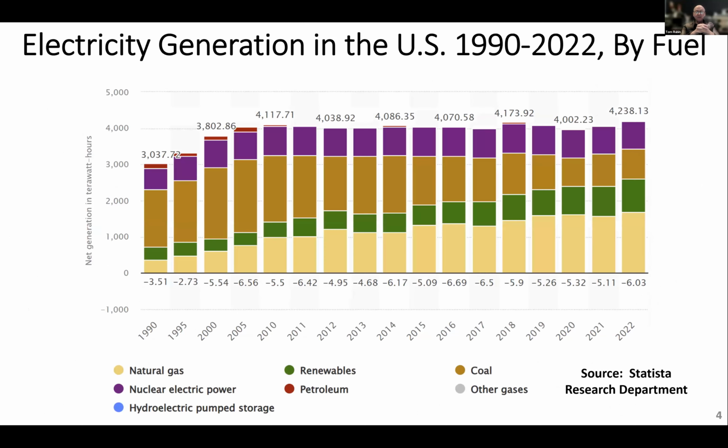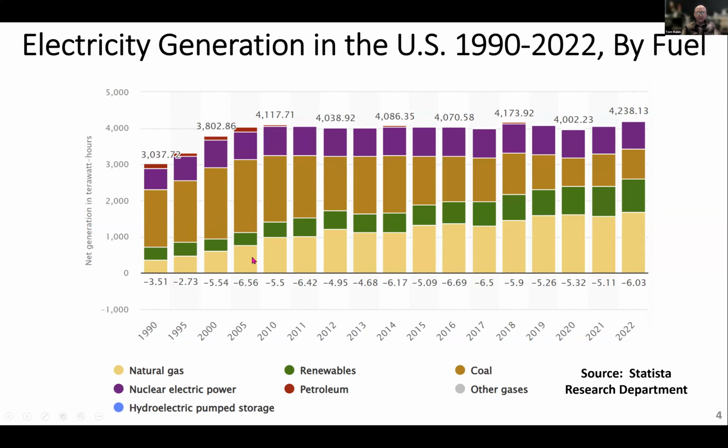Now, this is total energy generation in the US over the last 30 years or so by fuel. And as you can see, it's been fairly constant overall. But coal, in the middle, has been going way, way down.